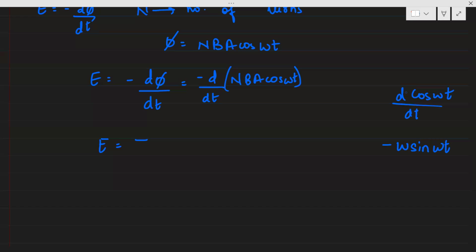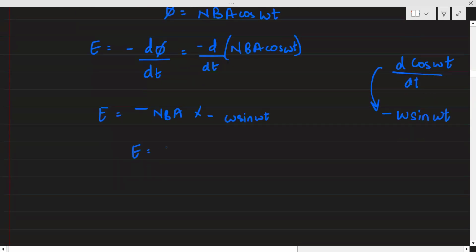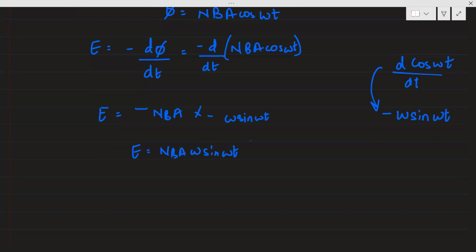This is the rule, so remember it like a rule, class. So NBA will be taken out, then we'll have minus omega sine omega t. Minus into minus will be plus NBA omega sine omega t.